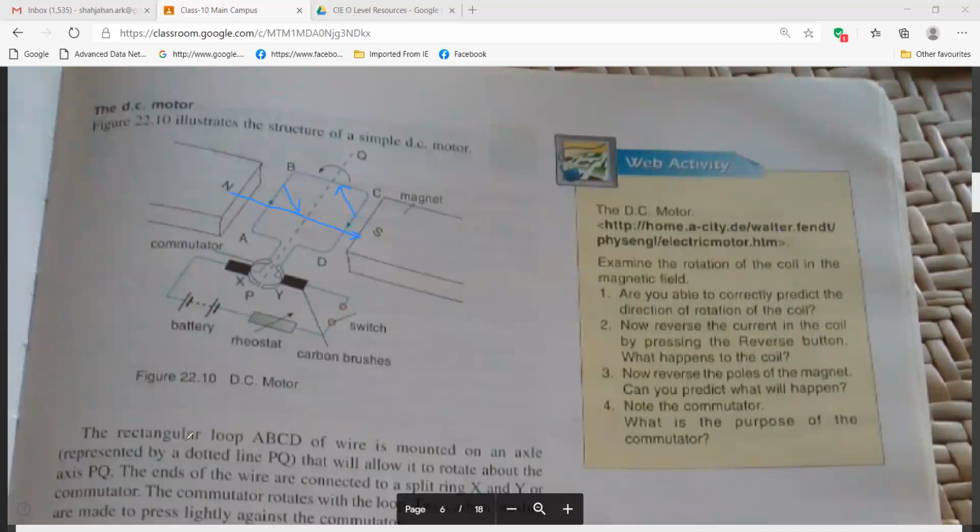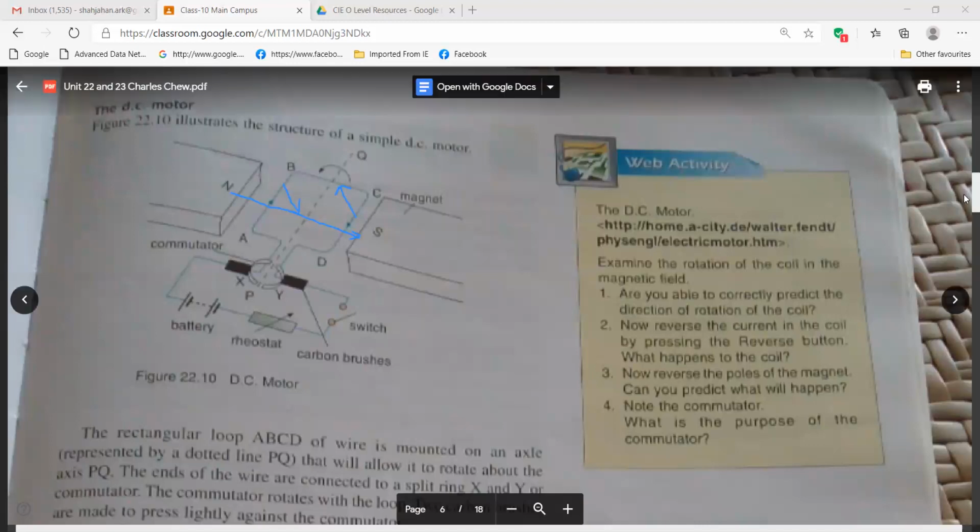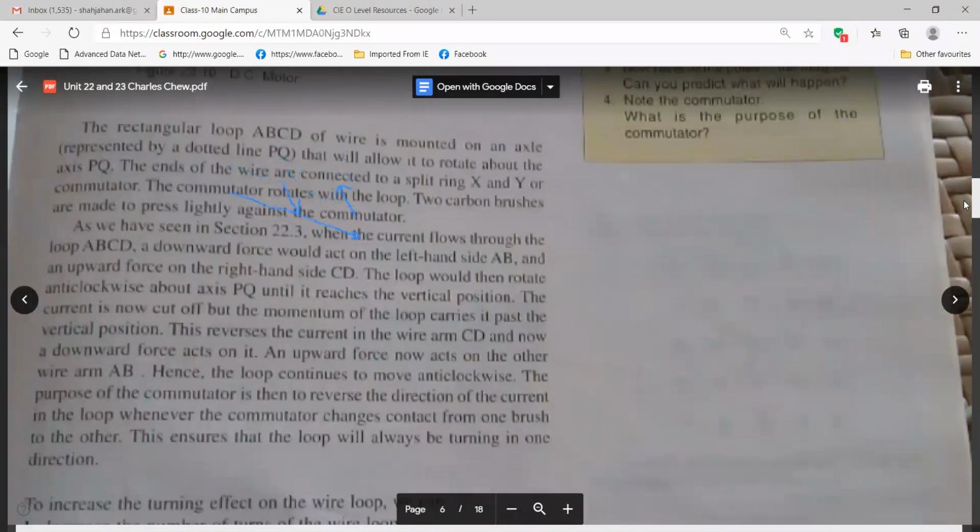After the diagram we have some discussion in your book. You can also have a glance reading so that you can understand all the things from there. If you have any queries, you can ask me.